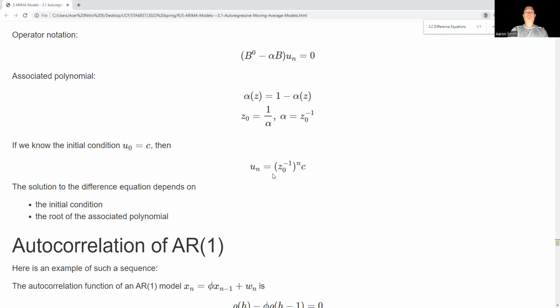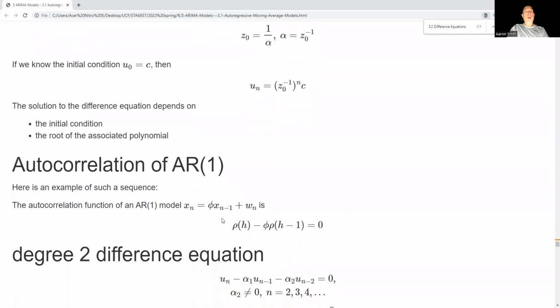Then, let's say I know the root of my polynomial, then u sub n is equal to our root inverse to the power of n times that initial condition. All right, so if I know the root of my associated polynomial and I know the initial condition, I know the entire sequence. I know all infinitely many listed out values.